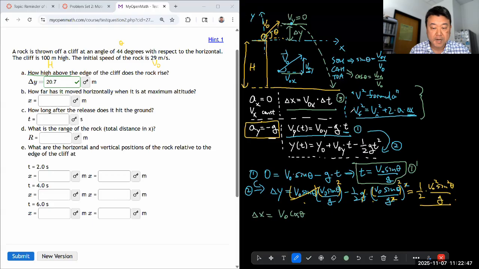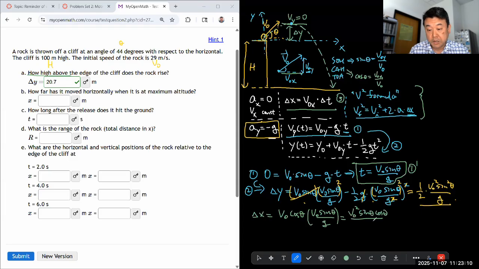That's my v naught x times delta t, or the amount of time, which is v naught sine theta divided by g. And there are ways to simplify it. This, sine theta times cosine theta, is 1/2 sine of 2 theta. You can simplify. You also don't have to. This is a perfectly fine expression.